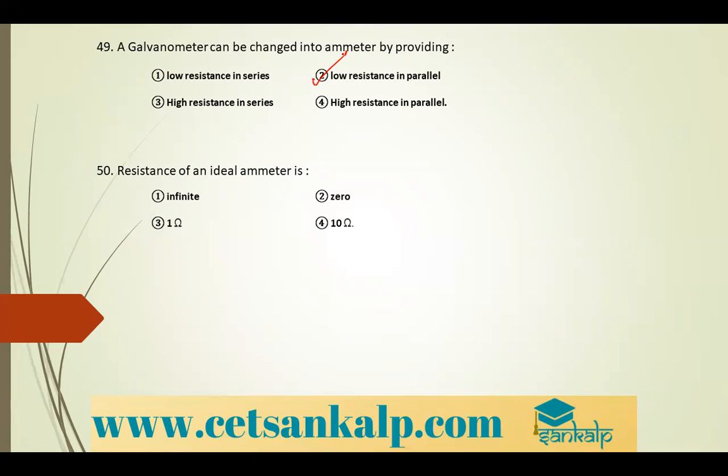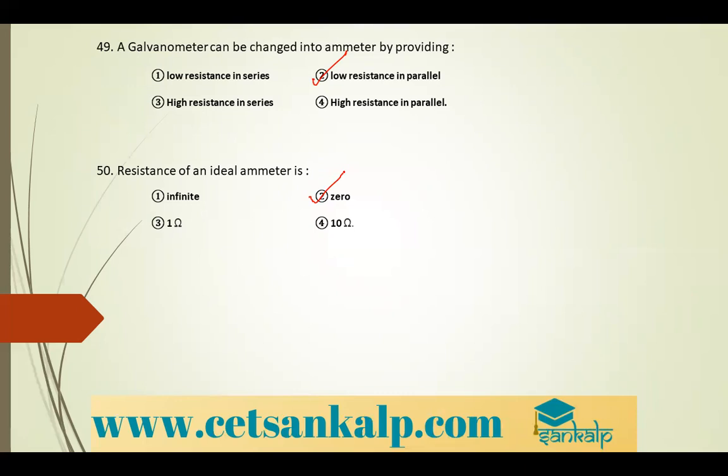The resistance of an ideal ammeter is 0, right? Correct? So the resistance of an ideal ammeter is 0. Option 2.